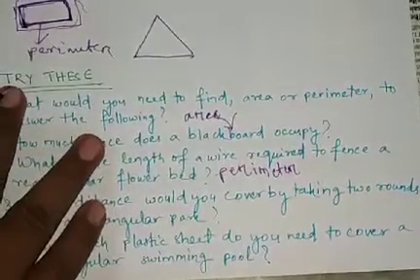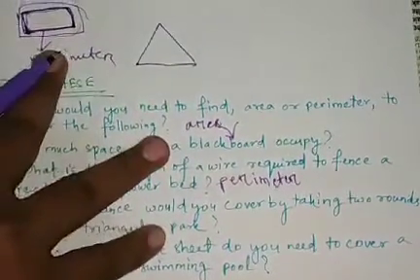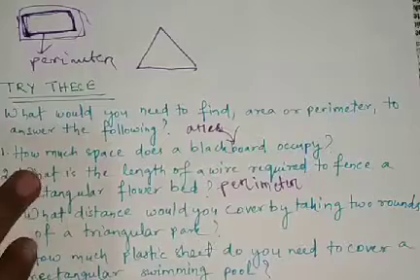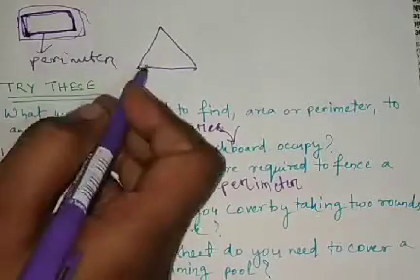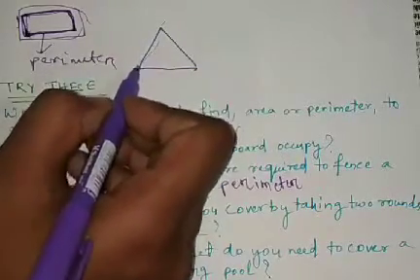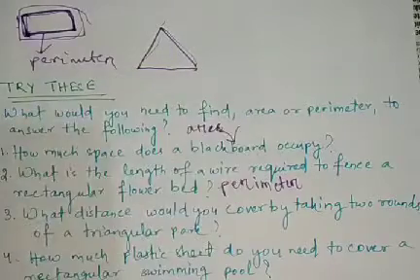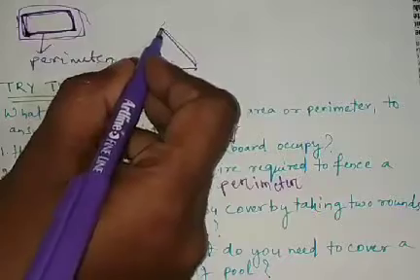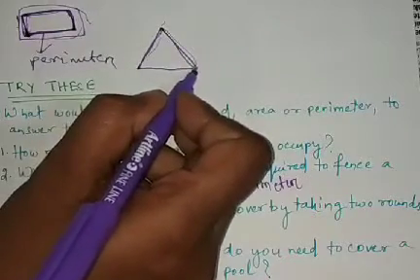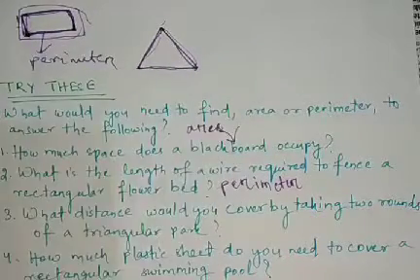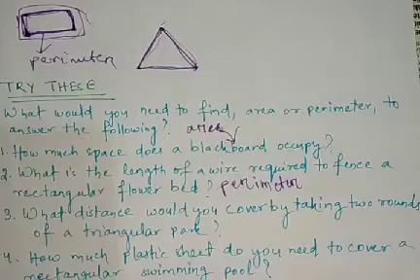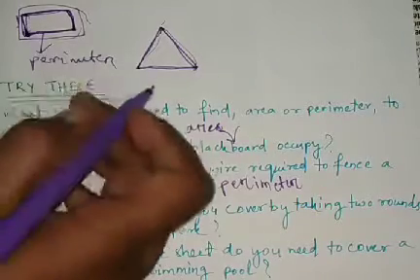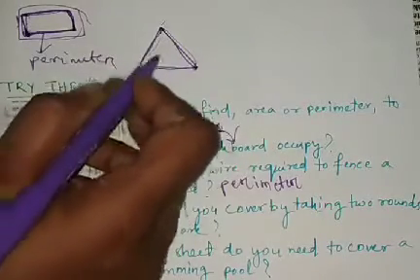So what distance would you need to cover taking 2 rounds of a triangular park? Taking rounds means you will run along the edge, around, not inside.